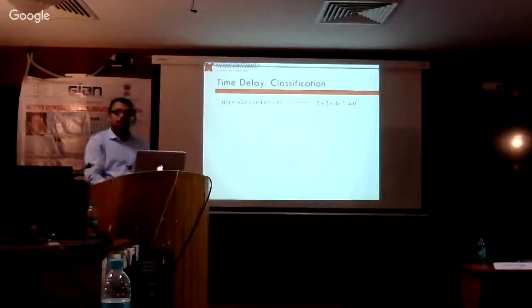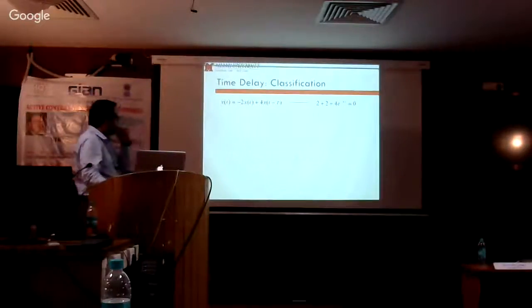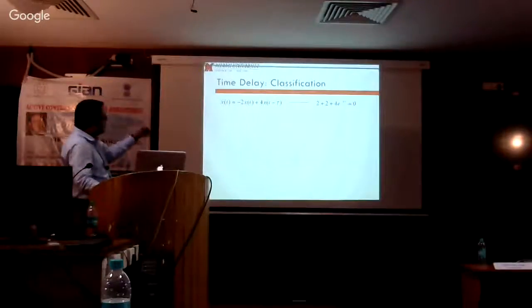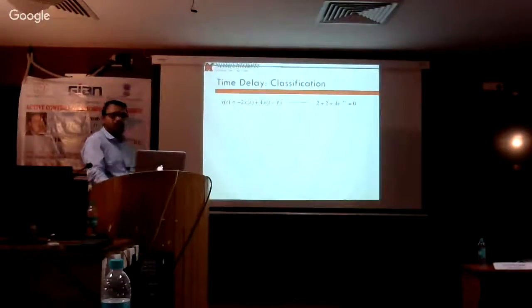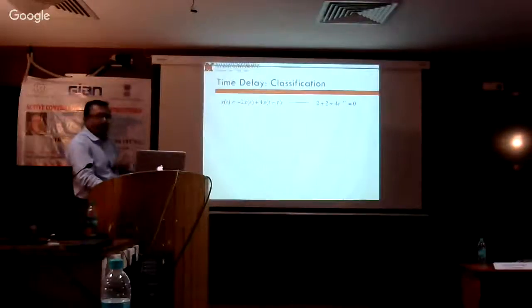Now, what's the property of these delay systems? So let's look at a very simple first order system. If you look at this differential equation, if you take its Laplace, you will have that expression, and the poles of the system.